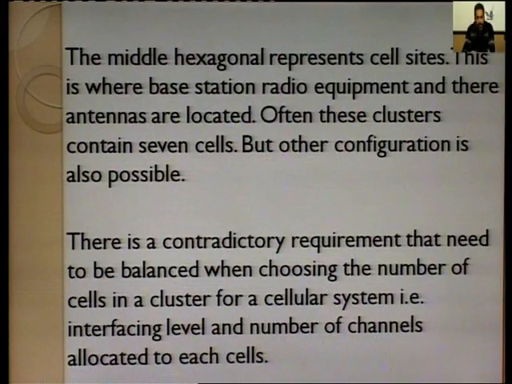It is a strategic decision of the company operating the cellular system, to balance between the frequencies allotted, the interference or level of service, and the number of channels allocated to each cell, meaning the number of frequencies allocated.